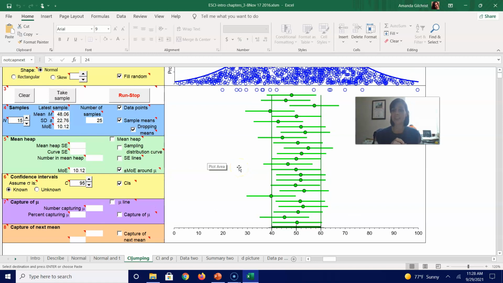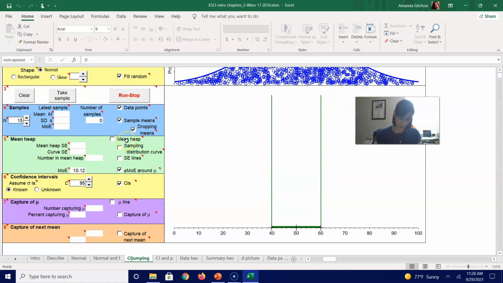Now, what I want you to notice based on the ones that we've taken here is that while most of our means fall perfectly within the margin of error, considerably more of our 95% confidence intervals do have components that fall outside of our margin of error. So I'm going to go ahead and clear this.